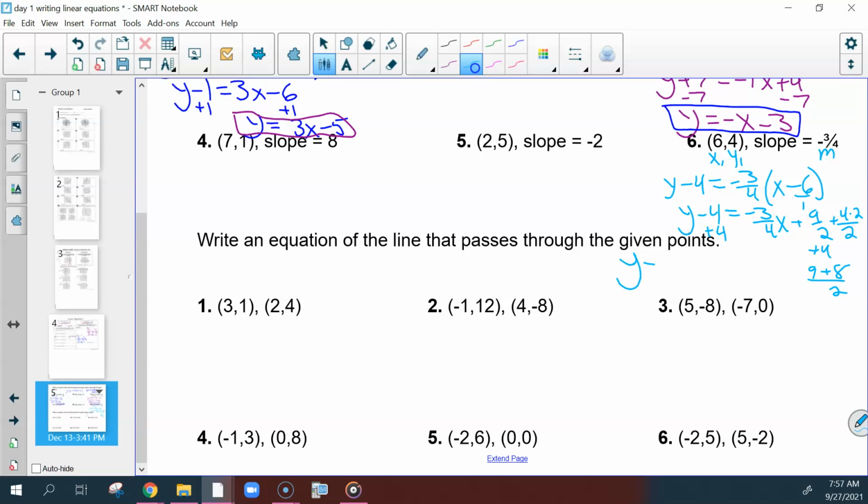So you will have calculators if you want to do it right then, but if you want to do that by hand, you are more than welcome to do that.